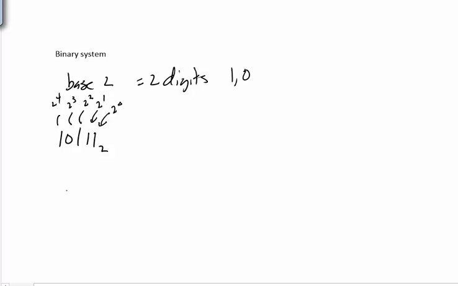Kind of translate that out. Okay, so 1 times 2 to the 4th plus 0 times 2 cubed plus 1 times 2 squared plus 1 times 2 to the first plus 1 times 2 to the 0.